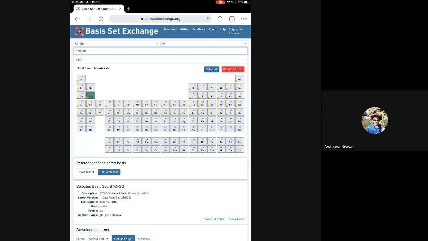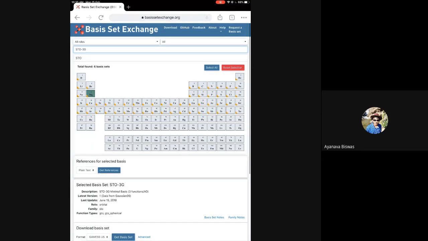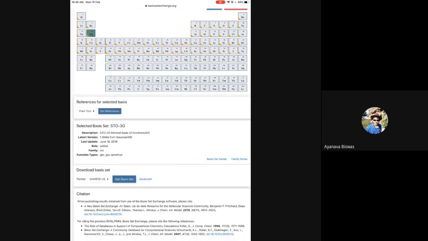Then let's say I want magnesium. Okay, so it tells you STO-3G minimal basis, 3 functions per atomic orbital, which means 3 Gaussian functions which are contracted to give you 1 function. Okay, then I say the package I want the format to be compatible with is GAMESS, and then I say get basis set.